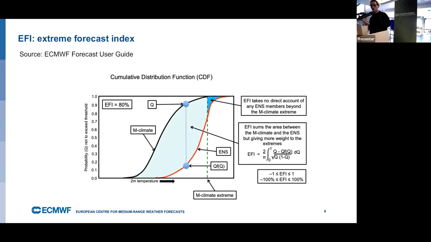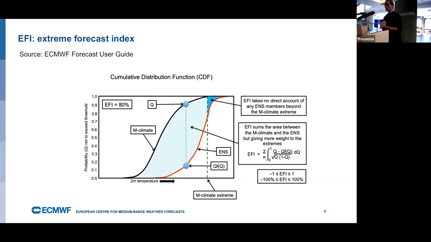But first I have a slide, if you've never heard about the Extreme Forecast Index. This is an extract from the ECMWF forecast user guide. So the Extreme Forecast Index is a kind of integral of the difference between the climatology and the forecast distribution.